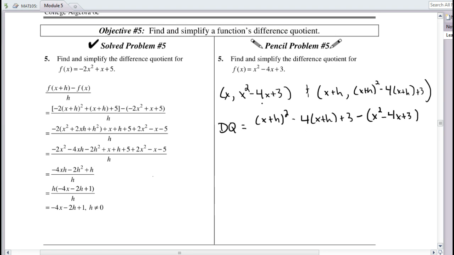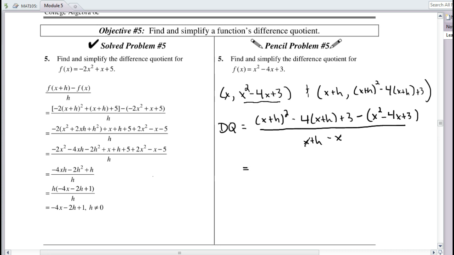Notice I kept parentheses when I subtracted this bit because it's got more than one term. So when you subtract the whole thing, you're going to need to distribute that negative. And then on the bottom, we just do x plus h minus x, but as before, this is always just going to be h on the bottom because those x's cancel. So now on top, what we want to do is multiply everything out.